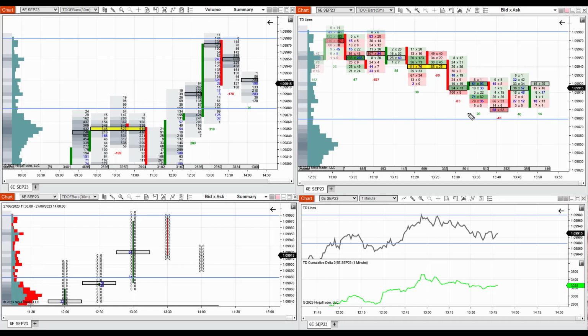If it wasn't like that, if there were red deltas here, negative deltas below each footprint, I would be willing to trail this trade a bit, because the market would be telling me that sellers are in control, and I would trail the trade probably towards this place, a little bit above the triple node. That was the original plan, to take the profit here. So I would trail it towards this place, and I would definitely quit it here.